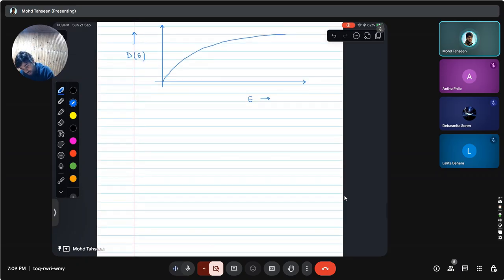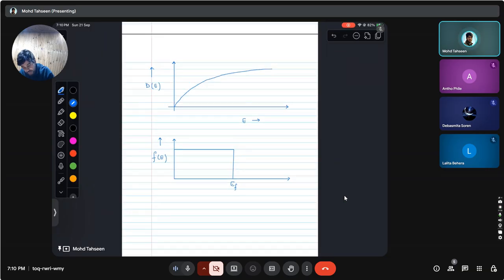And I know that f of E has this kind of distribution. This is the probability of occupancy. We know it varies like this, where this is the Fermi energy.